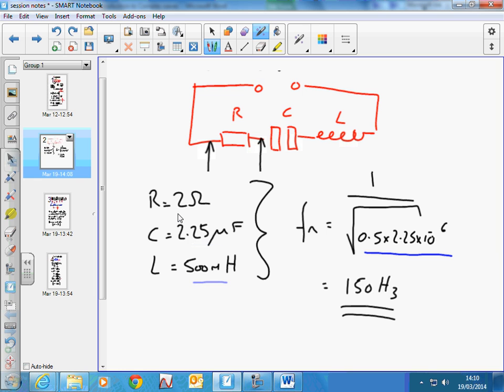The natural frequency is 1 over 2 pi root LC. We get 150 hertz. So that's the natural frequency of this circuit.